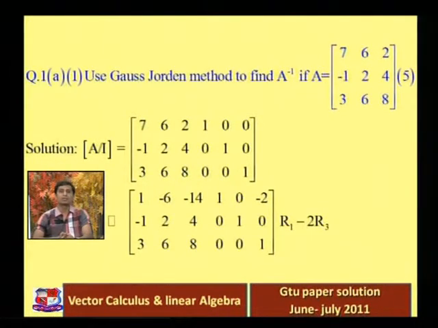With this operation the first row becomes 1, -6, -14, 1, 0, -2.